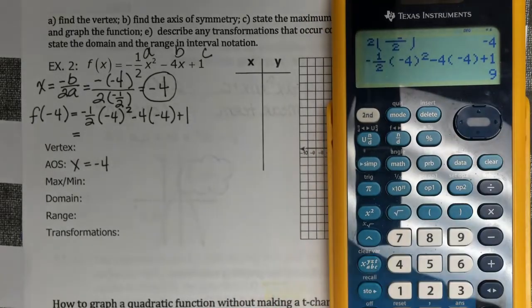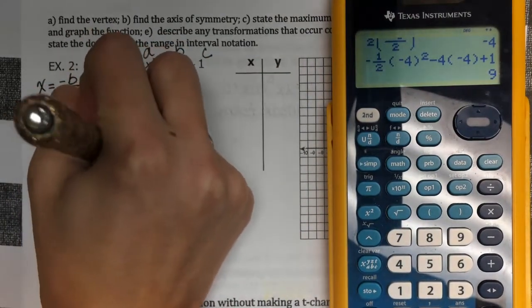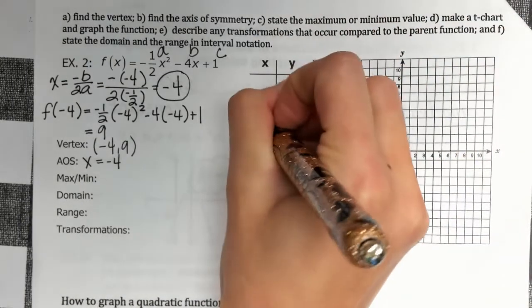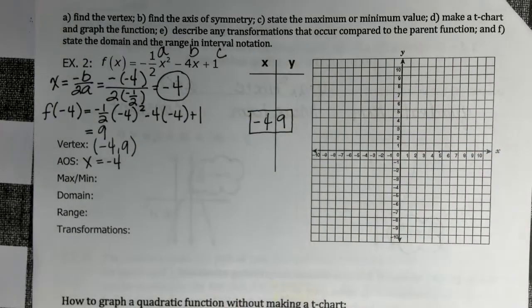Whenever you plug it in, you should get 9. Is that what y'all get? Okay. So my vertex is -4, 9. So that's going to go in the center of my table.